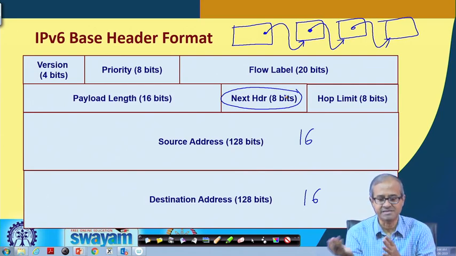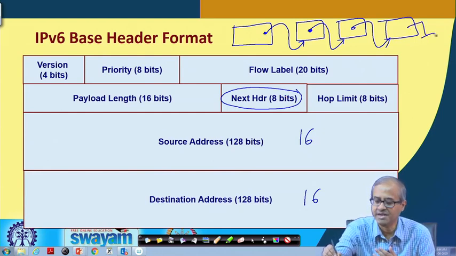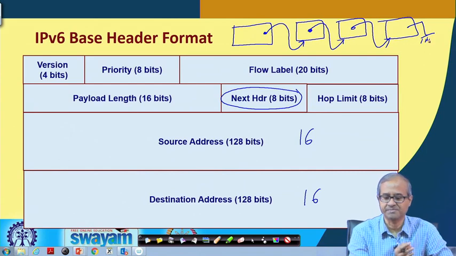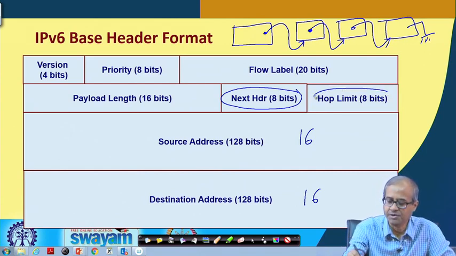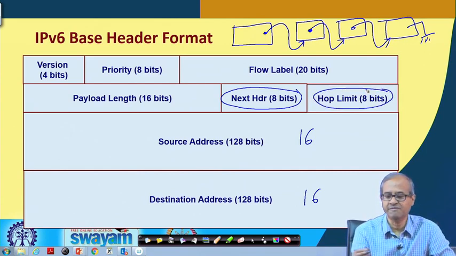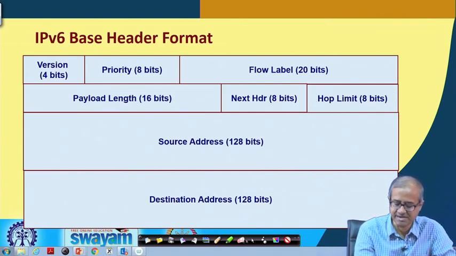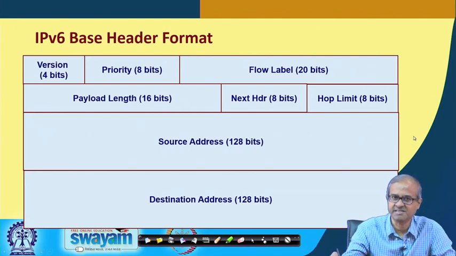If there is, then it will contain what type of extension header, and if it does not contain any more, then it will contain some delimiter indicating that there is no more extension headers. And this hop limit I told you about, just like time to live, that field is also there. This is the basic header in IP version 6.